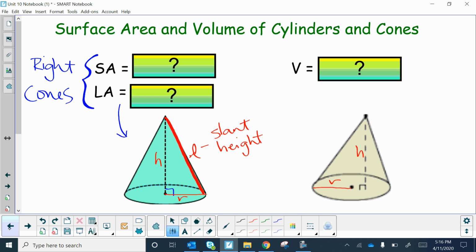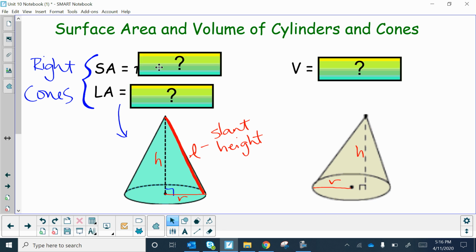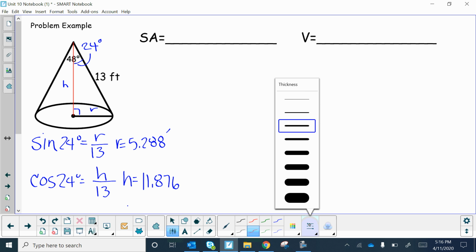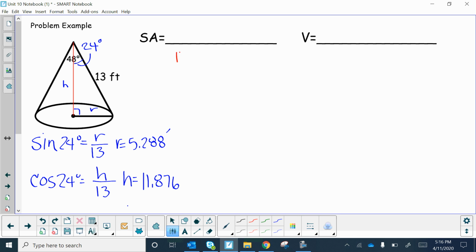Now that I have some numbers to work with, I'm going to plug them into my formula. What was the surface area formula? Pi RL plus pi R squared. So I'm going to write that down. Pi RL plus pi R squared.